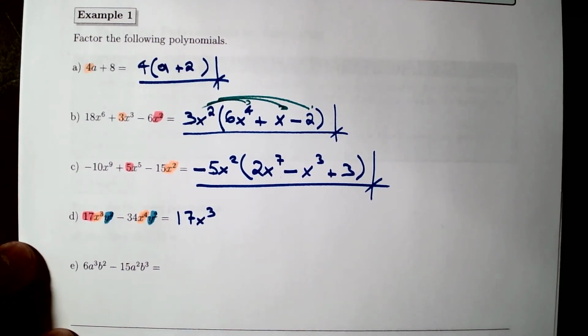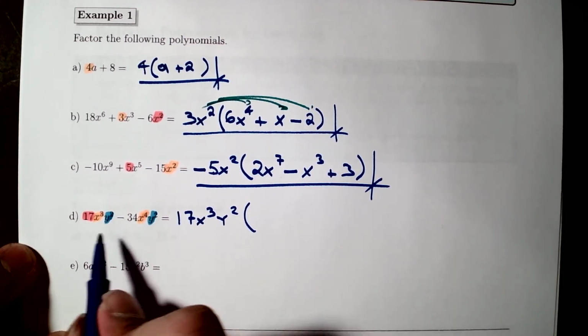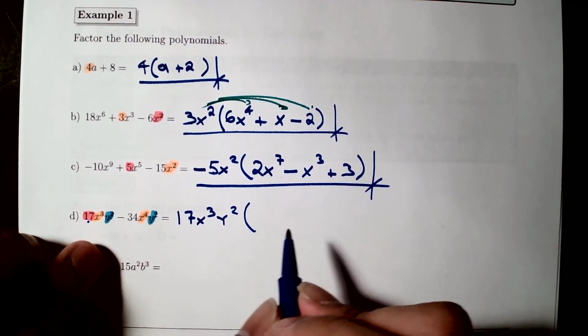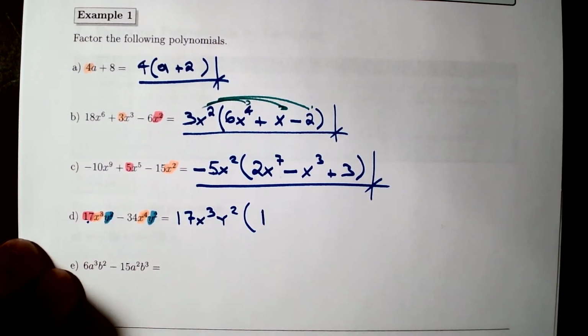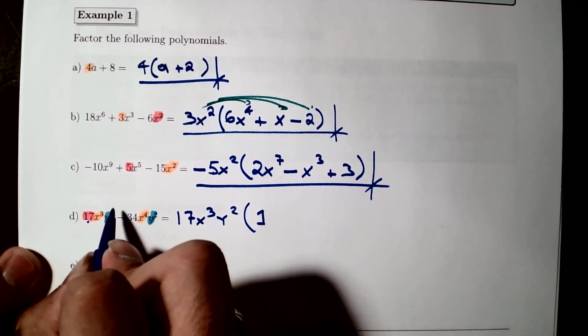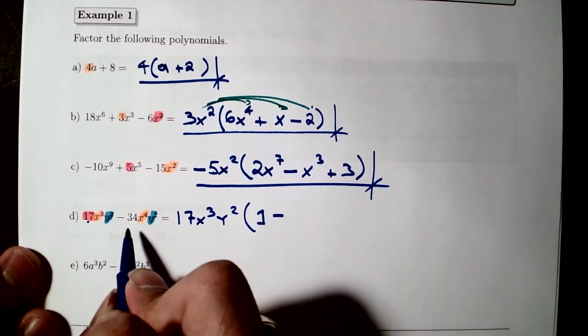So let's see. 17 times 1, okay, so we factor out the x cubed, that's simply going to be 1. Because 1 times 17x cubed y squared, we get this whole term here. And then minus 34.